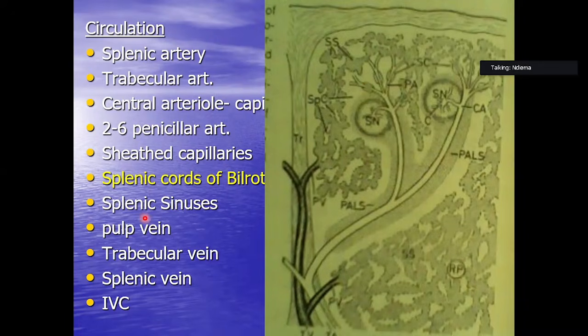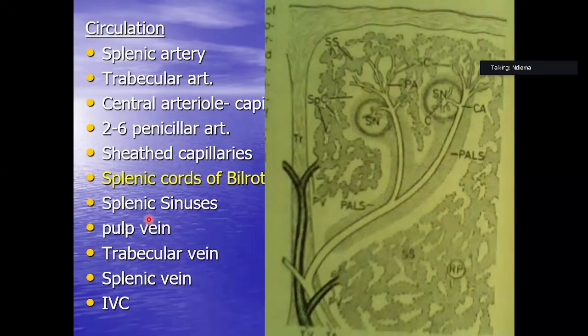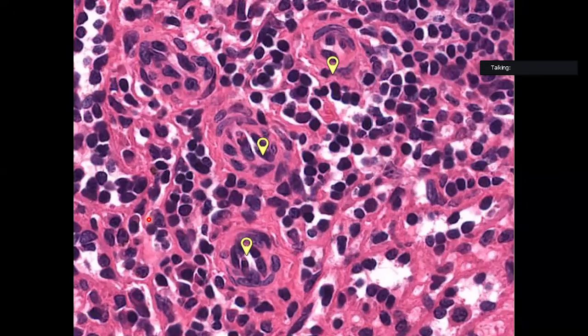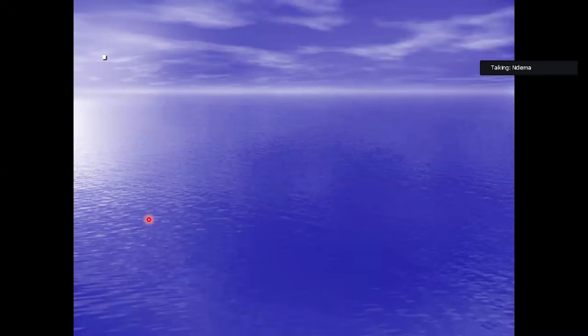So the splenic cords of Billroth maximize filtration. That is what we have as the structure of the spleen, which is the largest lymphoid organ.